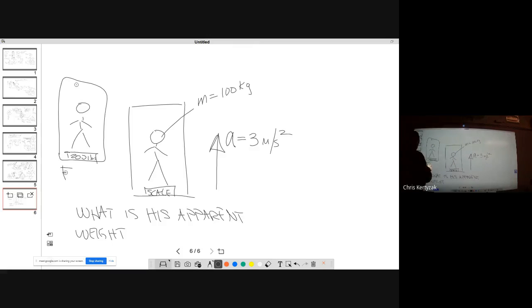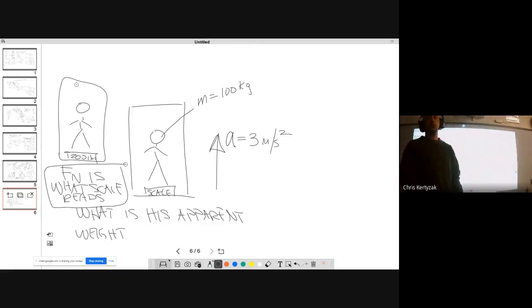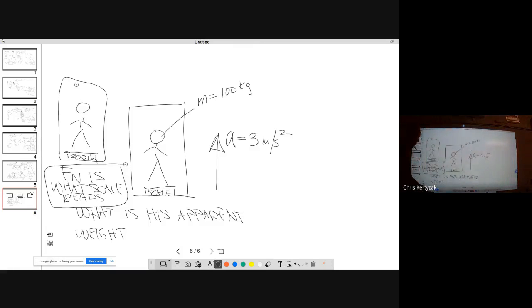The normal force is what the scale reads. You need to know that. When they ask about what the scale reads in these kinds of problems, it's Fn, the pressure underneath you. If you're standing on a scale, the scale reads whatever the normal force is, the force between you and the scale.